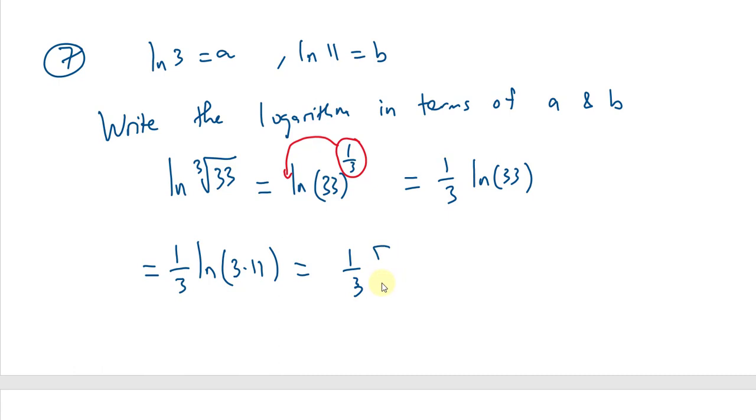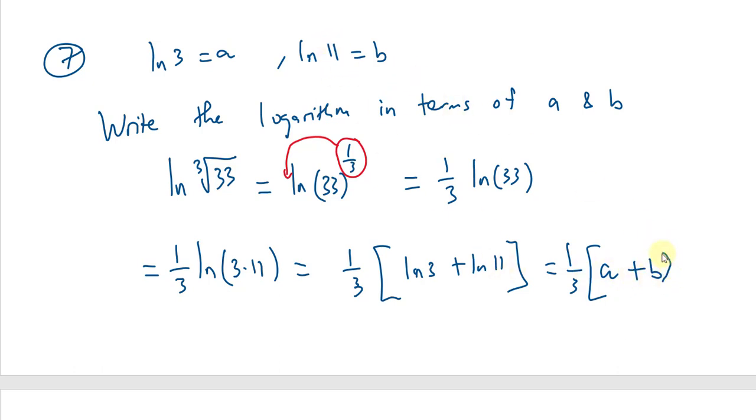So the product rule means that we change this into the sum: ln of 3 plus ln of 11. And we already know that ln of 3 is given as a, ln of 11 is given as b.